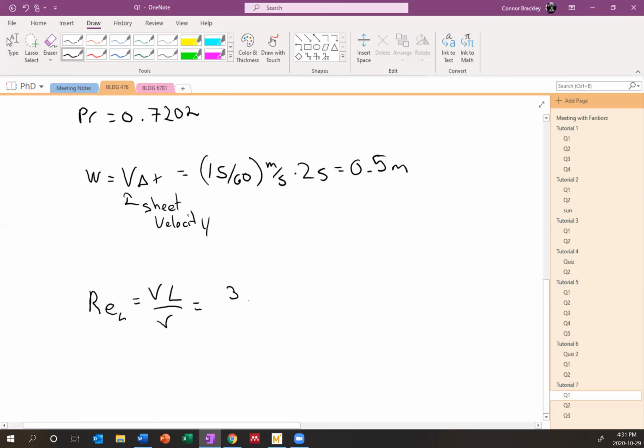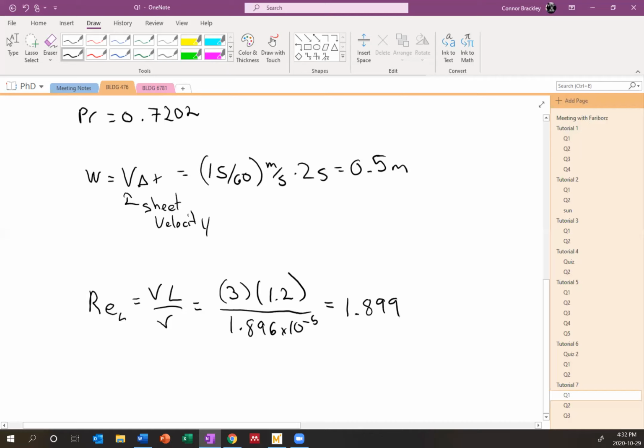So we have 3 meters per second, 1.2 meters, and this we got off that table. This gives us a Reynolds number of 1.899.